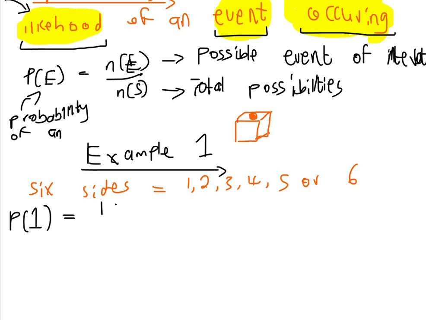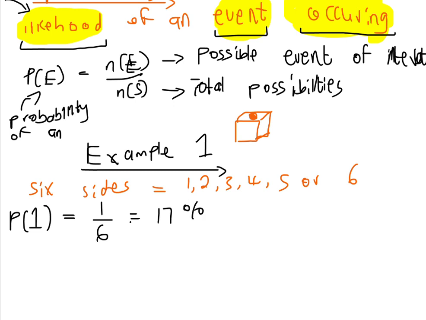There's only one chance of getting a 1 out of 6 sides. And what are all the total possibilities? If I roll a die, I can either get a 1, a 2, a 3, a 4, a 5, or a 6. That's what we call a sample space, all the total possibilities which I can get. So I've got 1 over 6, which evaluates to approximately 17%.